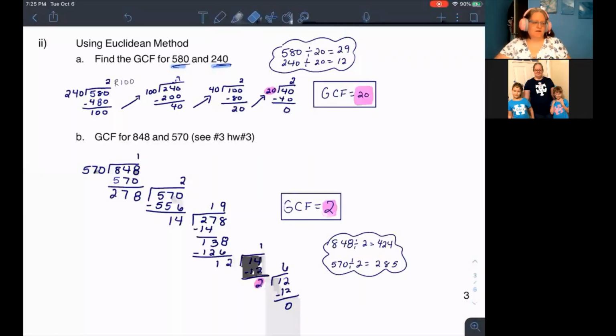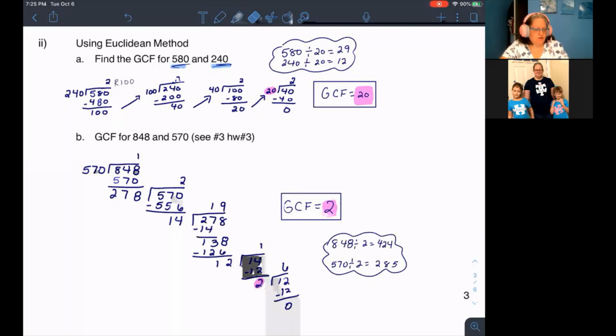Okay, so now we're at number 2. We have using the Euclidean method to find the greatest common factor. So we're still finding the greatest common factor. This is just a quicker way to find the common factor for larger numbers. What you do is you start by dividing the smaller number into the larger number.